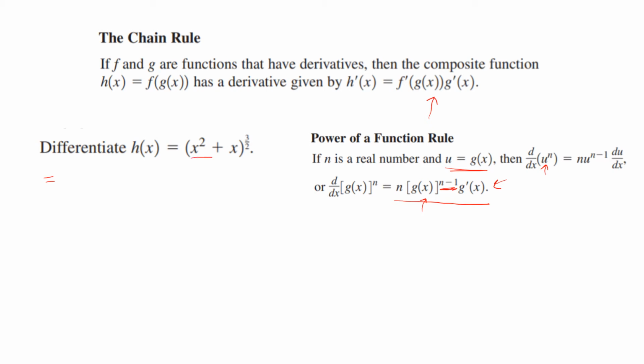Here is g(x), and here is my n value. Applying the power of a function rule is easier: take the n value, which is 3/2, put it to the front, keep g(x) the same, do minus 1, which is 2/2, so 3/2 minus 1 gives 1/2, and take the derivative of g(x) inside, which is 2x plus 1. This is the same answer we got previously.